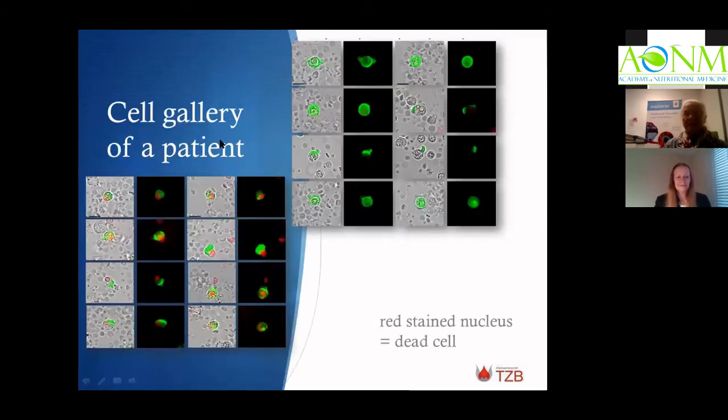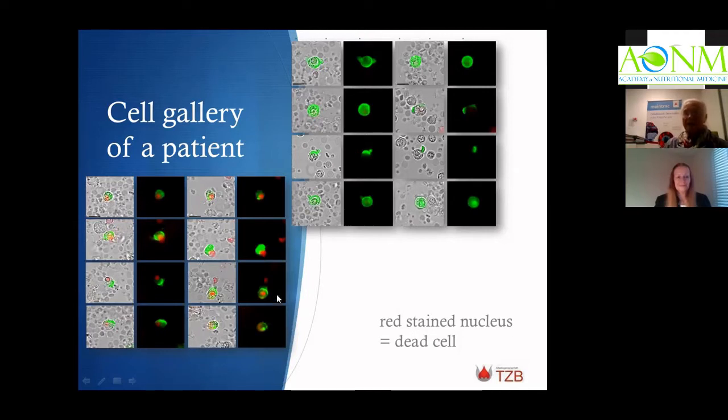Here is a gallery of cells found in one patient. And here is this important feature which we use, that we distinguish between the live cells and the dead cells. How can we determine the dead cells?